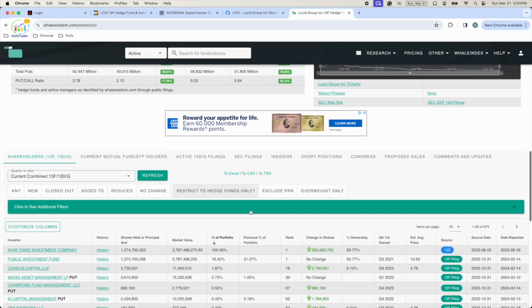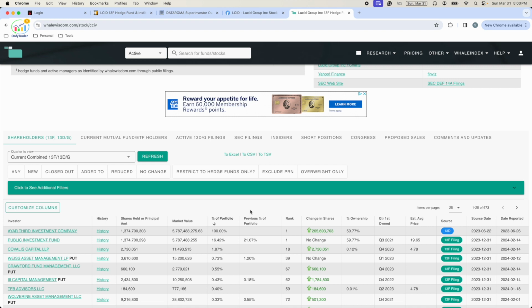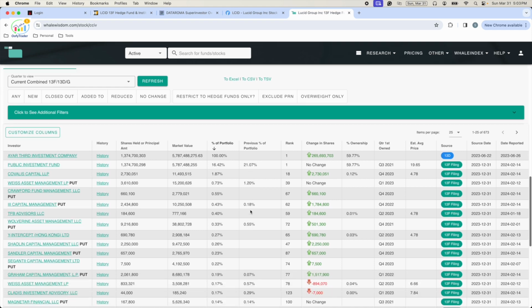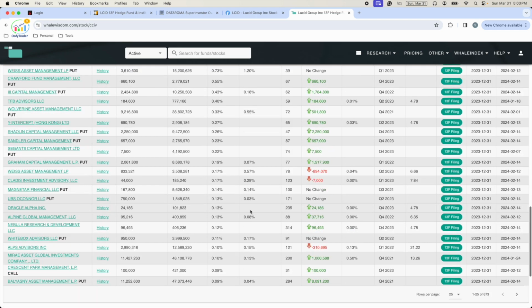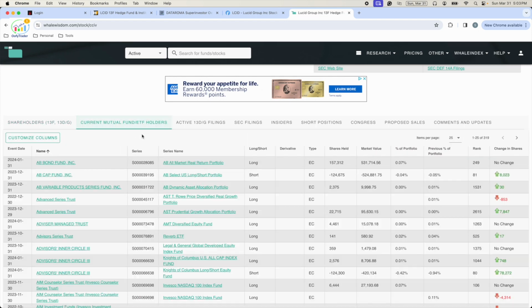And then these are the investors and how many stocks they hold with respect to the last quarter. If you go through that thoroughly, this gives a clear understanding. Beyond that, the current mutual fund holders also provide who is having long positions and short positions, how much market value they are holding, and how many shares they have.